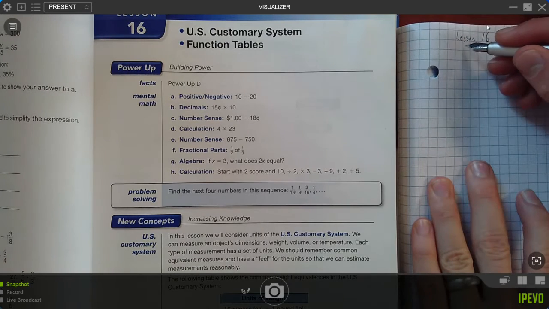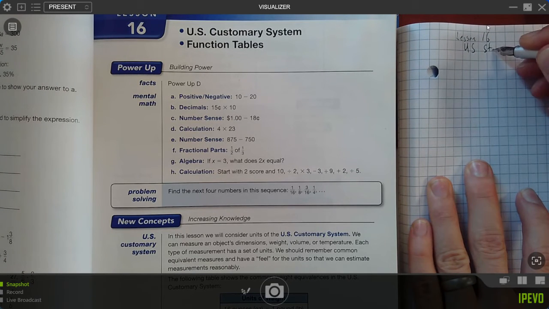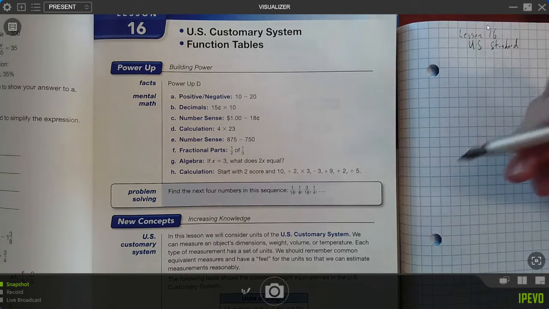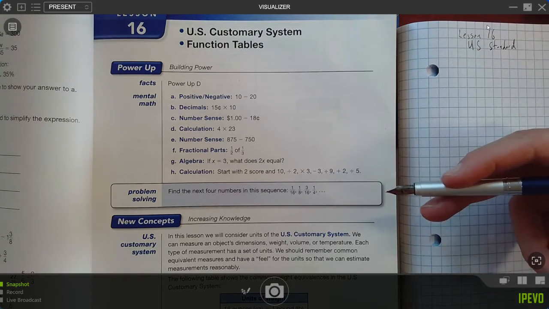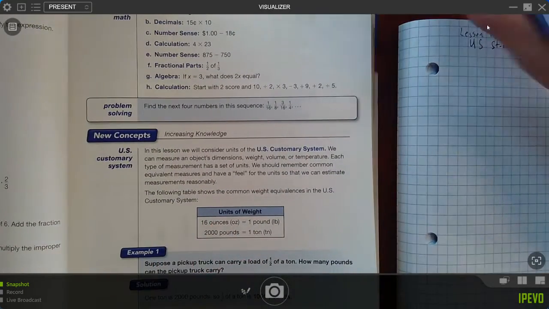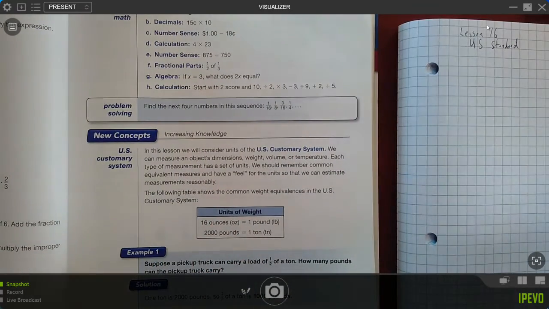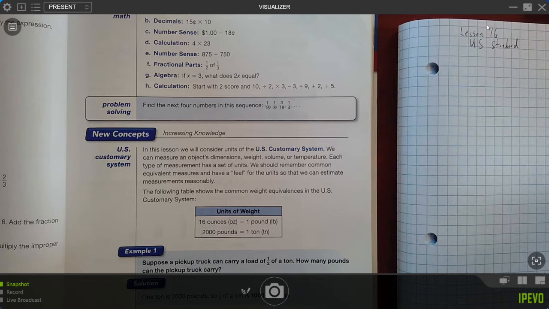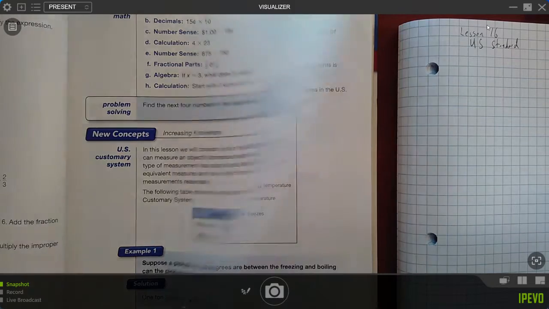So I'm gonna write U.S. standard is what you'll hear a lot. Do your mental math, do your problem solving. So we'll talk about the U.S. customary system, which of course we inherited from England. Of course, England has ditched it now, but 16 ounces to a pound, 2,000 pounds to a ton.